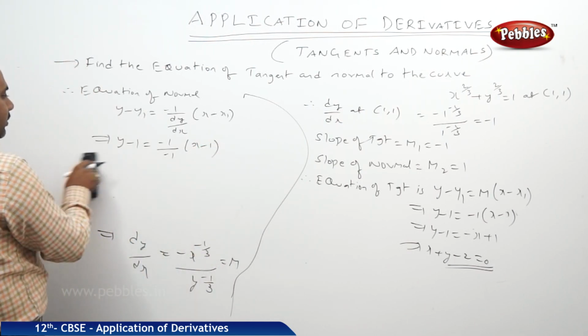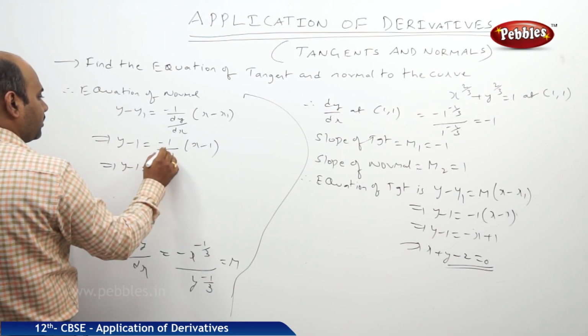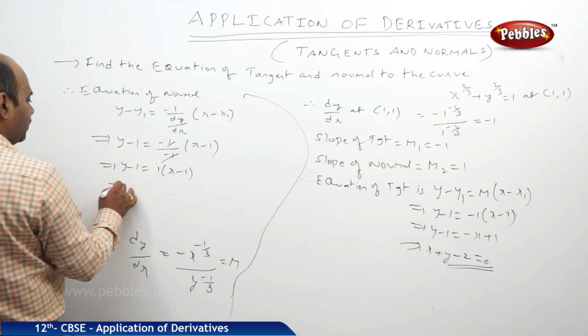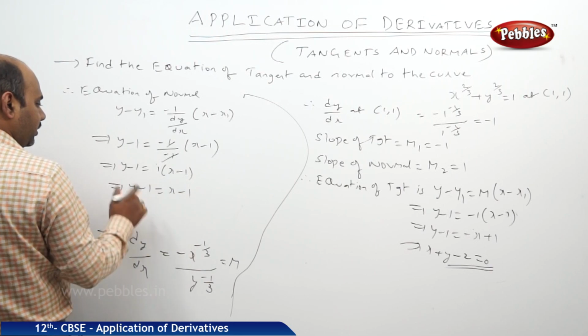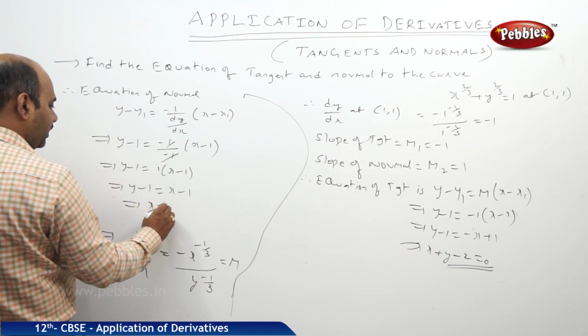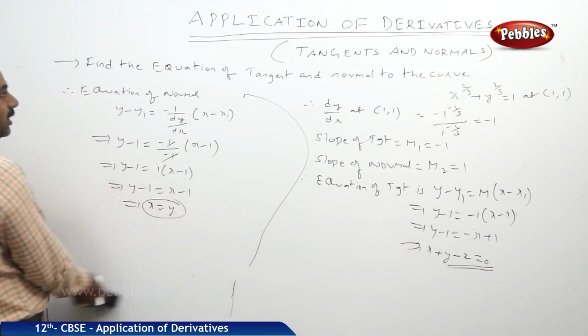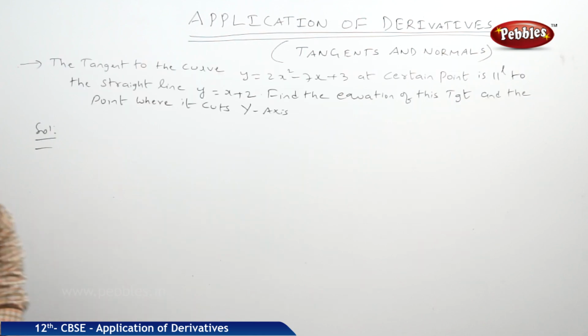Minus minus gets cancelled, so y minus 1 is equal to x minus 1. So finally the equation of the normal is x equal to y. It's an important one, please copy.